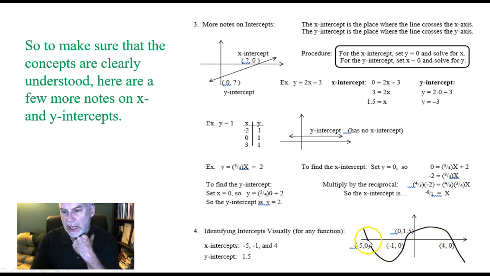You can't see the scale on this, but let's suppose it crosses at negative 5, at negative 1, and at positive 4. So there's actually 3 x-intercepts, and it's a y-intercept of about 1.5 there. So it's just an example of multiple intercepts.